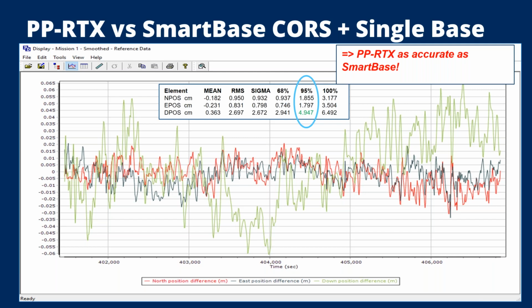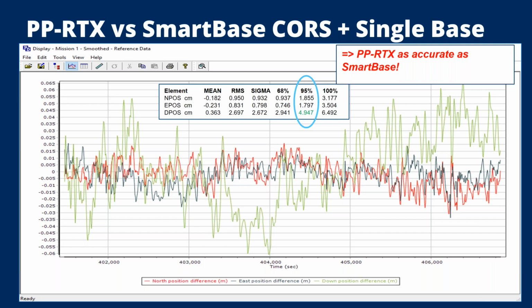Okay, we have another question here. How should you report the accuracy of the PP-RTX solution where you have no ability to collect ground control in the survey area or nearby? Is there any best practice to remove or reduce any bias in the solution? Yeah, that's a good question.